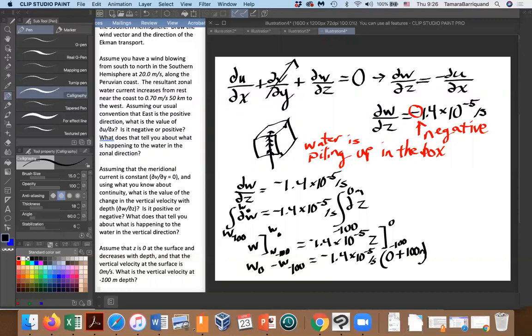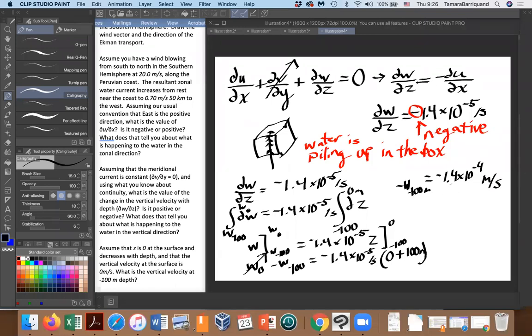All right, so what I end up with over here, because w at the surface, we said that's going to be 0, so that's gone. So if I do this calculation out, I get that negative w at negative 100 meters is going to be equal to a negative 1.4 times 10 to the minus 4th meters per second.